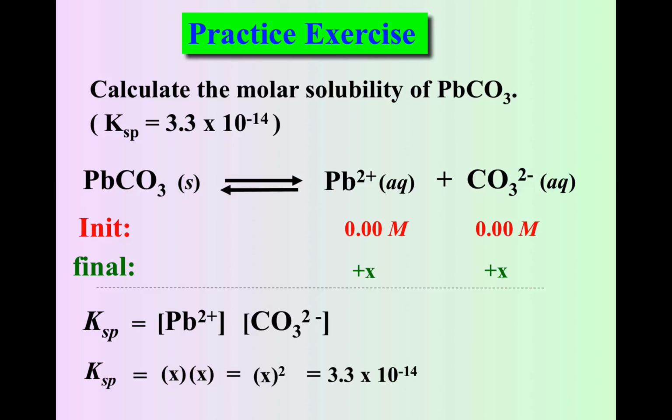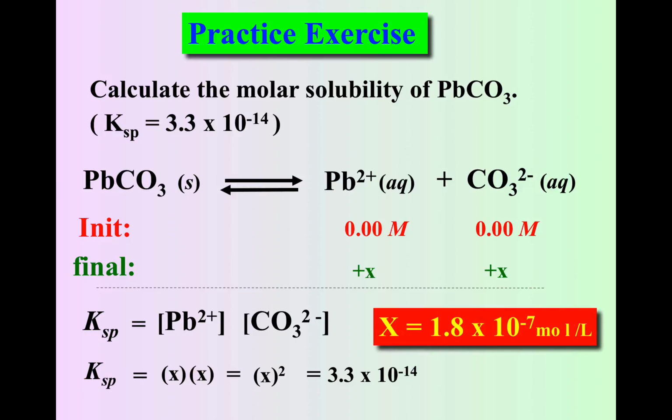X squared is equal to the KSP value. So if I take the square root of both sides, I get X. X represents how many moles per liter of lead carbonate are going into solution. For every X amount lost, I'm making X amount of lead ion, and that represents the molar solubility.